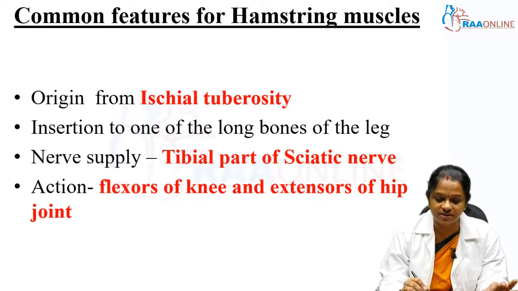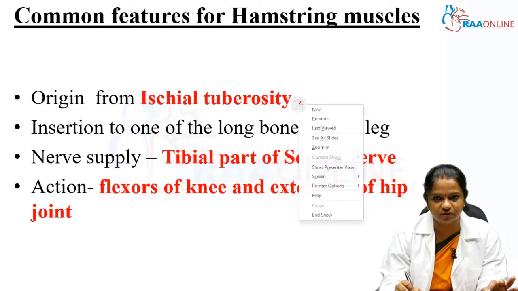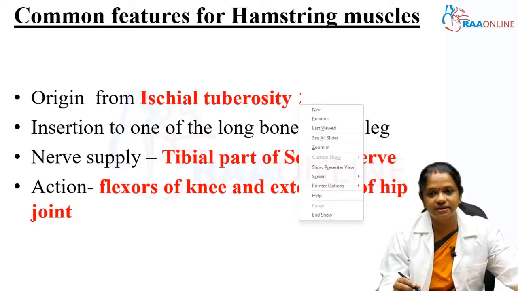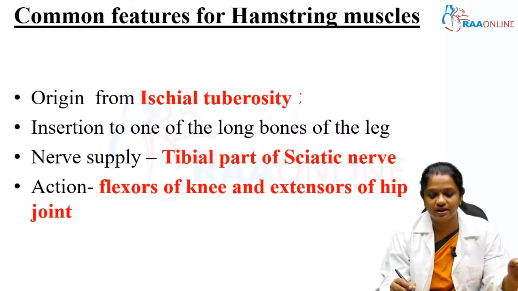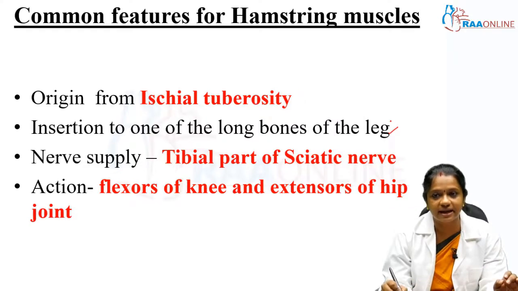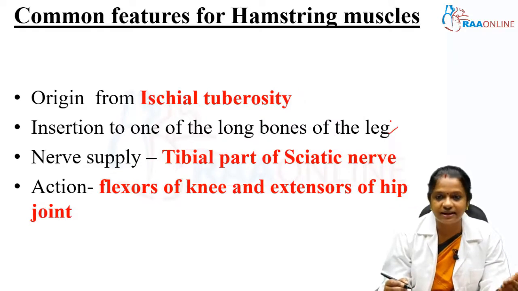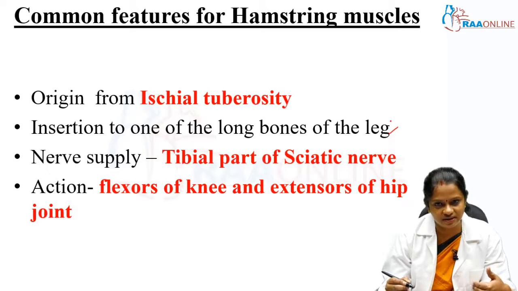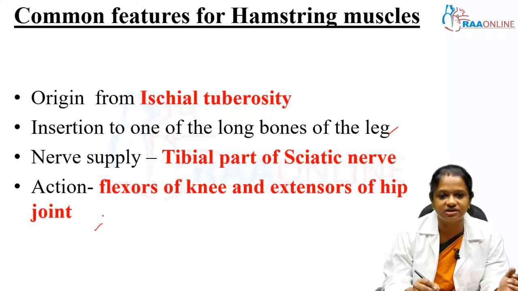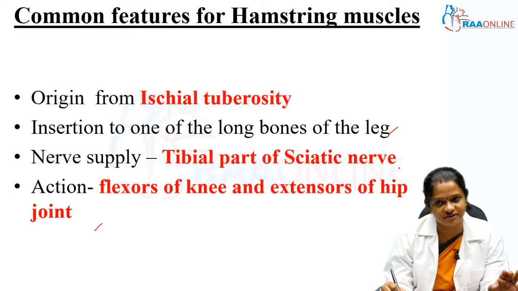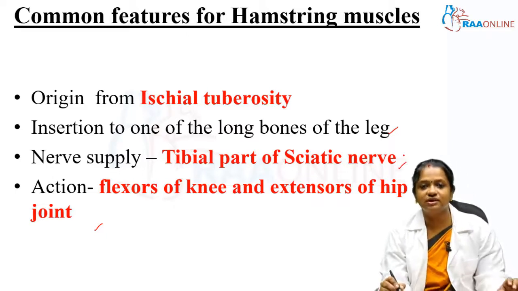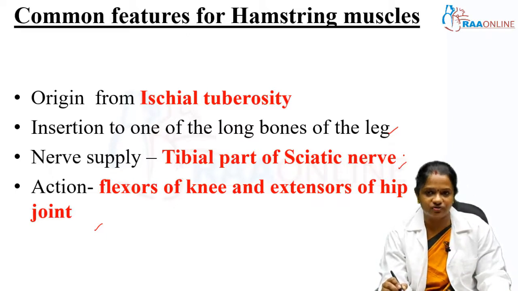The hamstring muscle originates from the ischial tuberosity and it is inserted to one of the long bones of the leg. And they cross the hip joint as well as the knee joint. So, they are flexors of the knee and extensors of the hip joint. And all these hamstring muscles are supplied by the tibial part of the sciatic nerve. So, these are the common features for hamstring muscles.